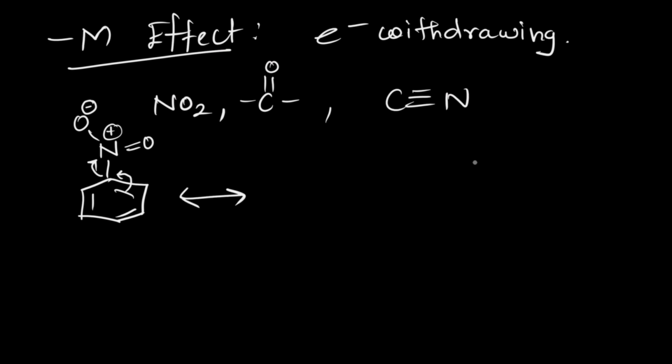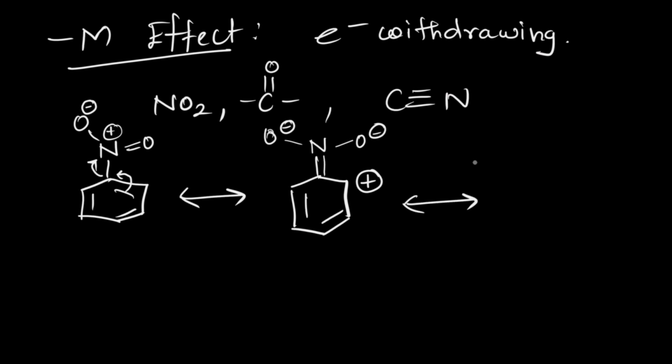Due to that, what will happen? This part becomes positive, right? It is taking up the electron, so this part becomes positive. So double bond, oxygen with the negative charge, and remaining stays same.